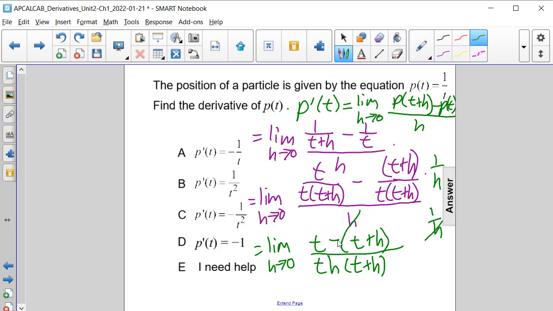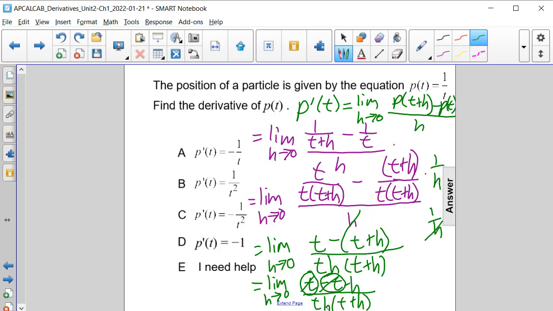And then if we were to distribute this -1 through, we would have the limit as h approaches 0 of t minus t minus h, all divided by t h times t plus h. So we can clearly see that t minus t, that's 0, they cancel out.